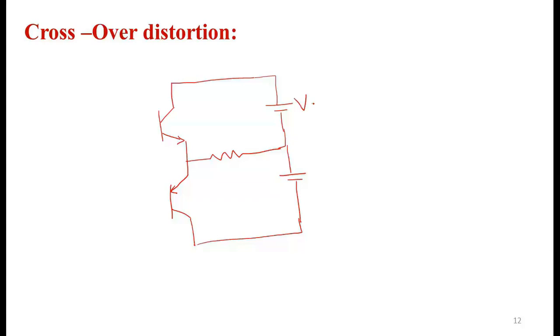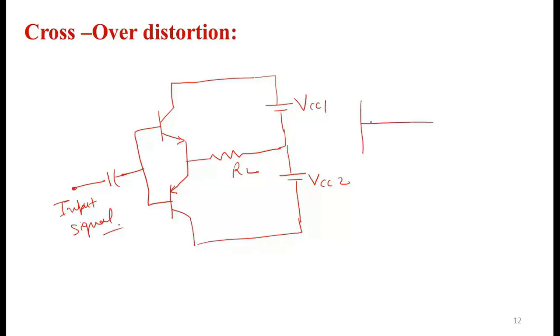Here we have the VCC1 and here we have the VCC2, and we have connected the bases of the two transistors, and using a capacitor we will connect the input signal. Now, for the practical case, in the output we should receive the complete cycle of the signal, an amplified version of the input signal.